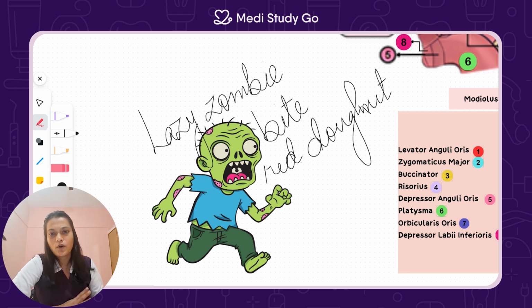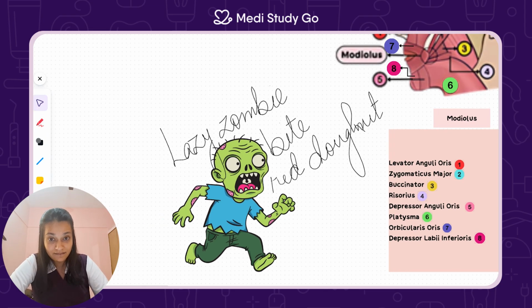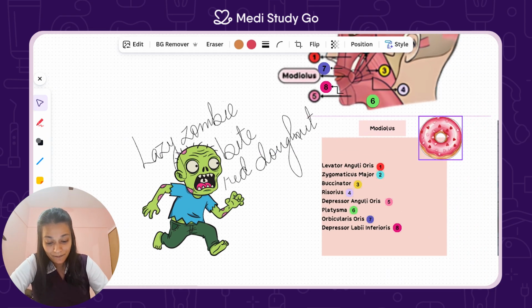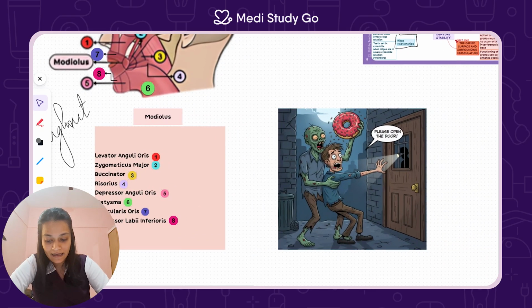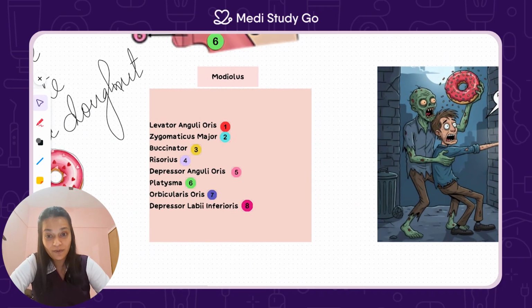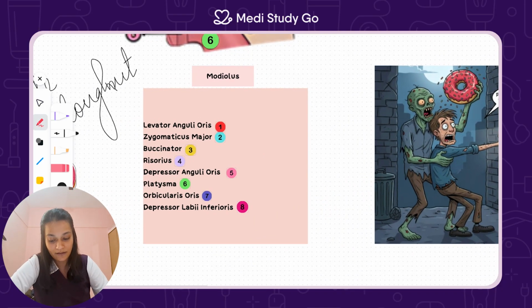Correct? And the man goes to a house and bangs on the door. Please open the door. Please open the door. In the meanwhile, as this zombie was busy eating his red donut, our man had a chance to go and seek help. So this will help you to remember the insertion of your modiolus.